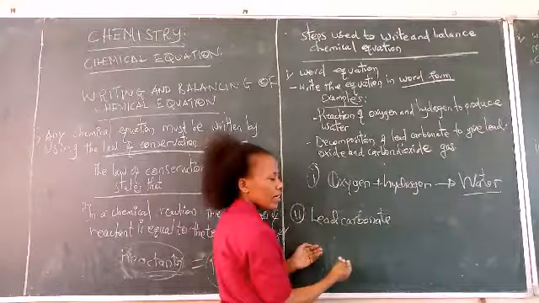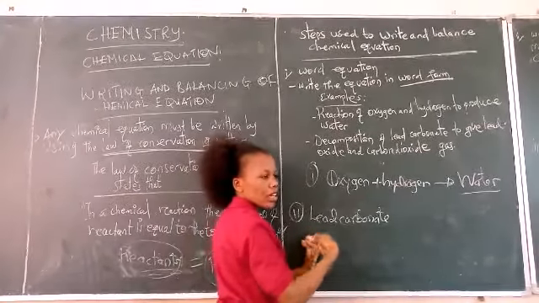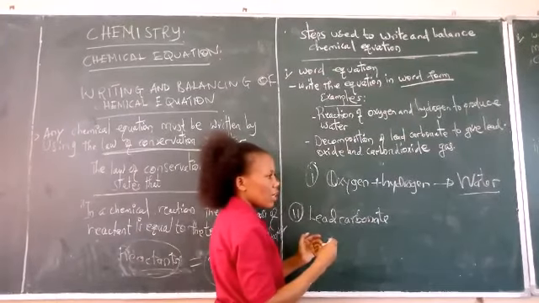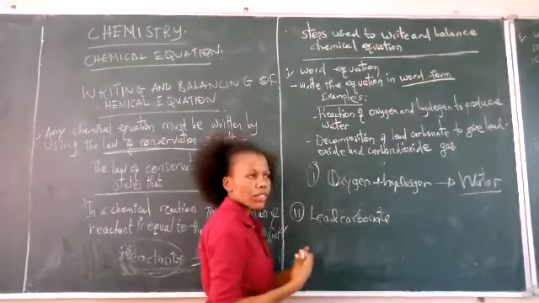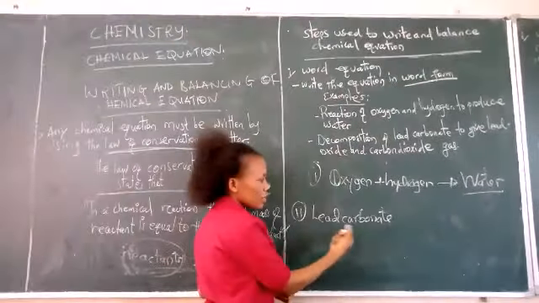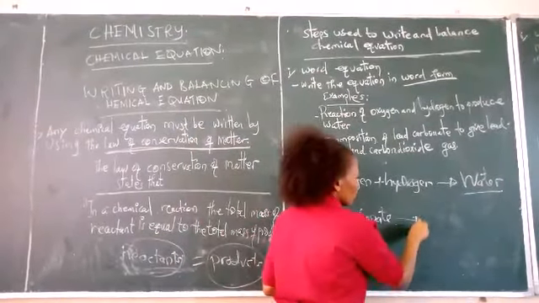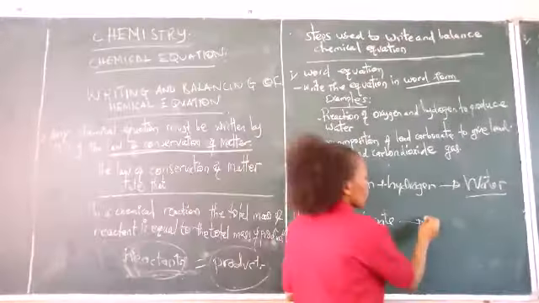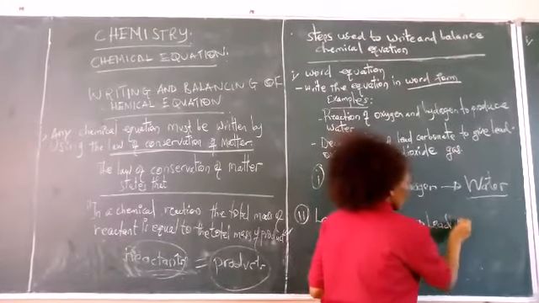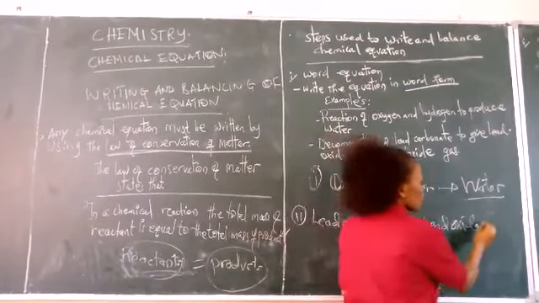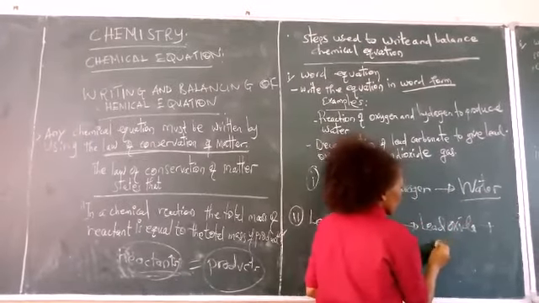During decomposition, it breaks down into its smaller components or individual elements. Let's see what happens in the case of lead carbonate. It decomposes or breaks down into lead oxide, and the other product is carbon dioxide gas.